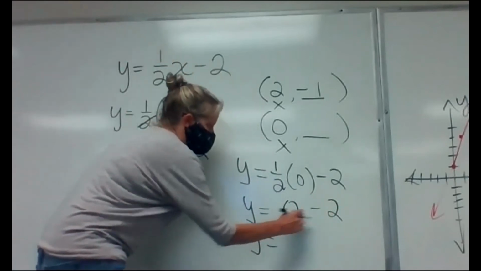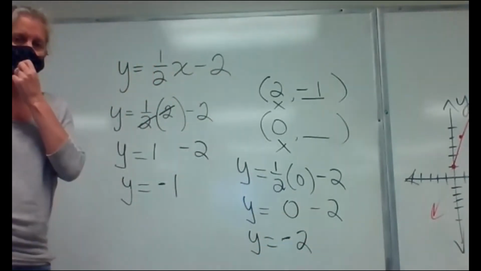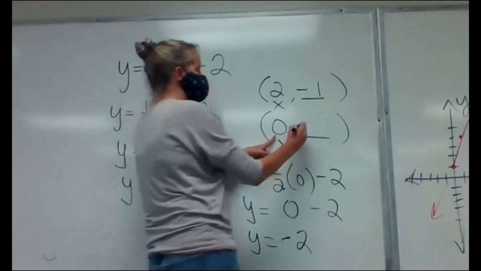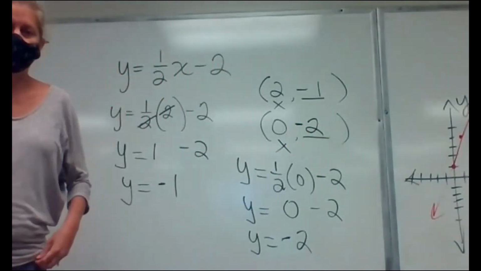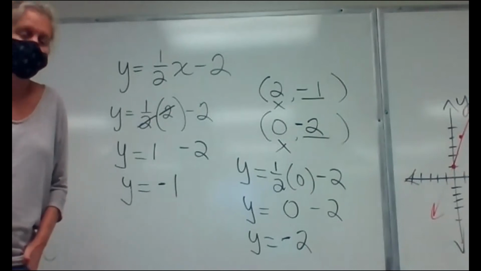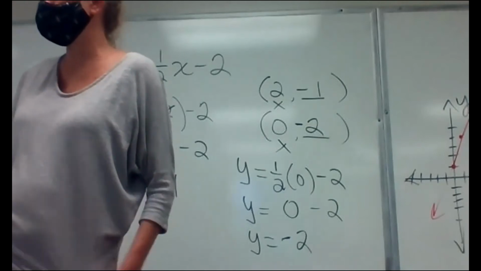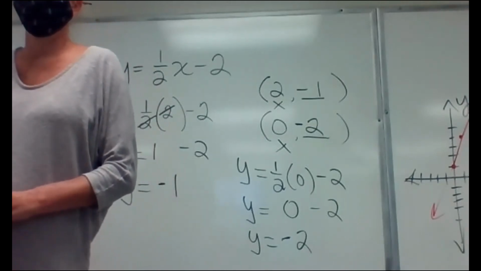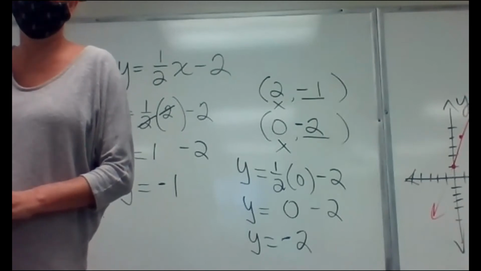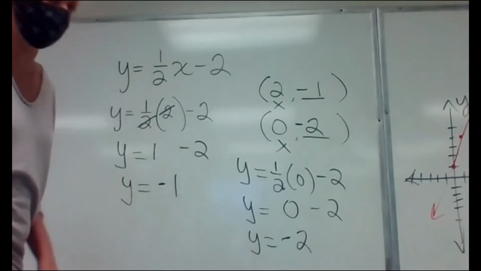So y equals 0 minus 2, which is -2. So when I plugged in 0, it gave me -2. Those are the 2 points it's going to ask you to plot on MathLab. Those 2 specific points. So let's look at what that's going to look like.